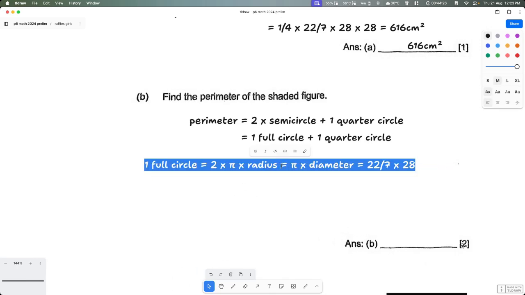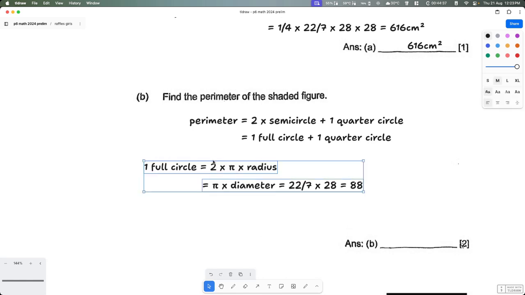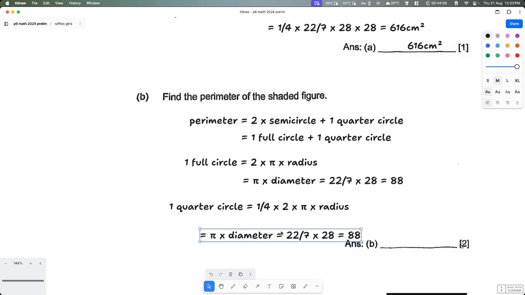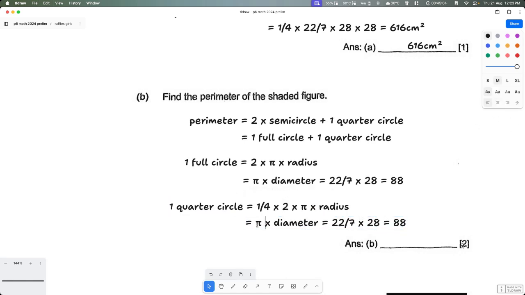Right, it's equal to 88. So now the next thing is we will have one quarter circle. Let me just write here. One quarter circle is basically 1 quarter times 2 pi times radius. Okay, and then we will just do accordingly as well, which is 1 quarter times 2 times pi times radius.